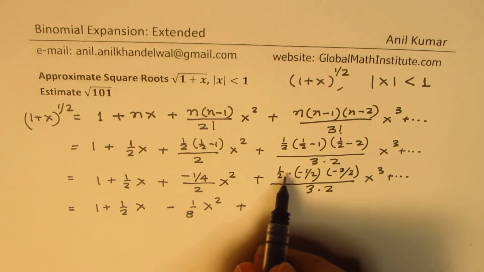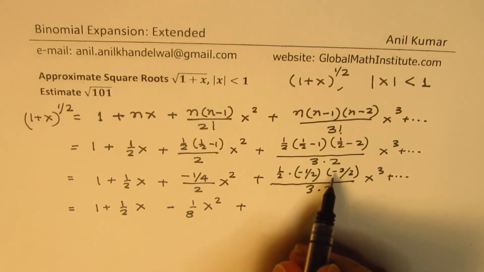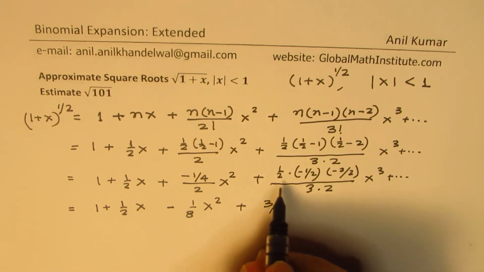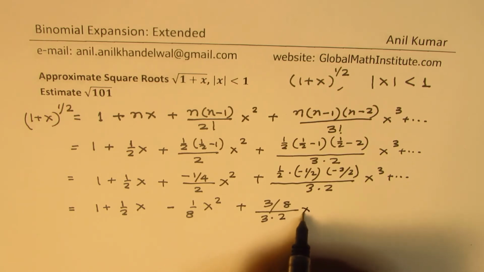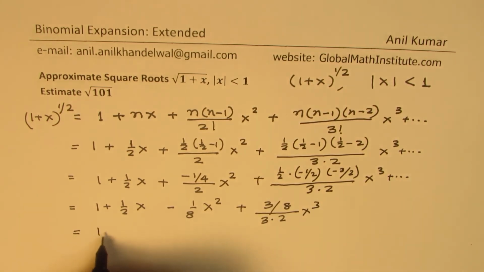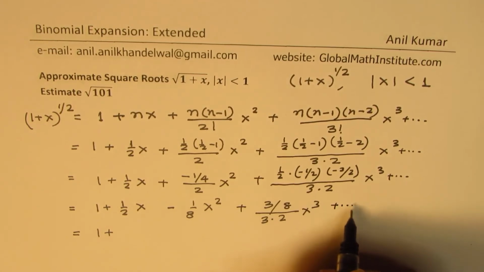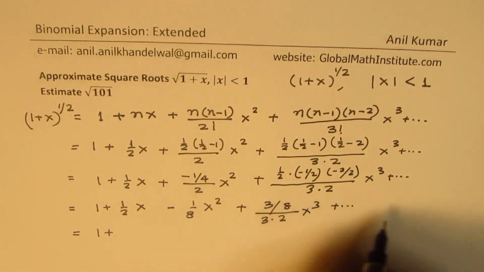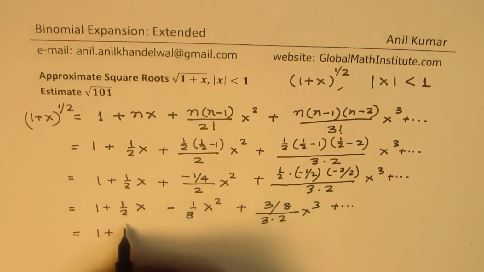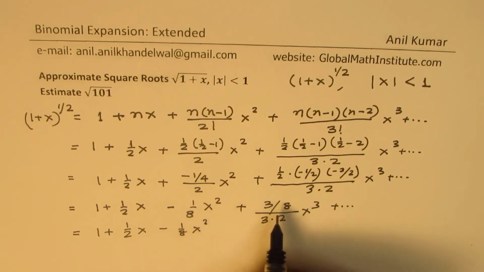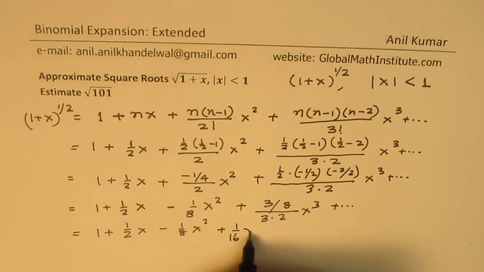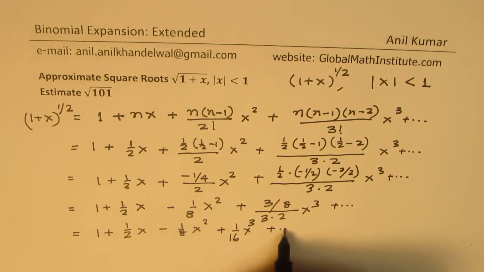So we have 1 times 3 over 8 over 3 times 2, x cubed, right? All these terms are very, very small as we go on. And here 3 and 3 cancel, and we get 1 over 8, and this becomes 16. So we get 1 over 16 x cubed, plus so on, correct?